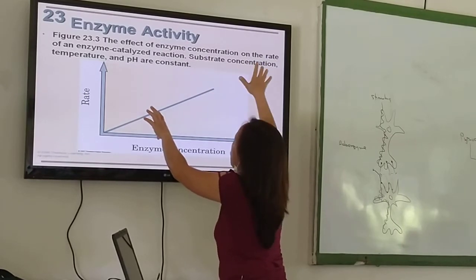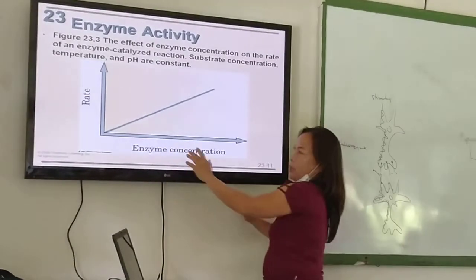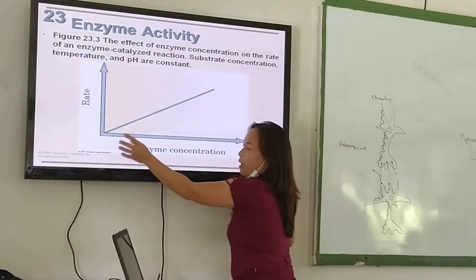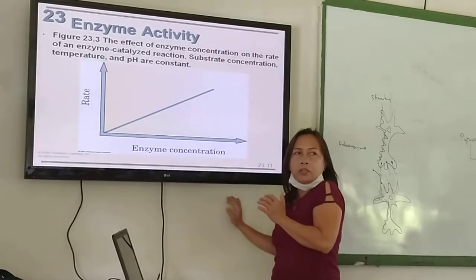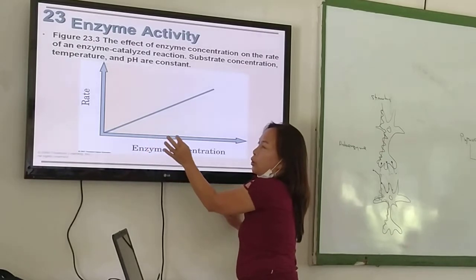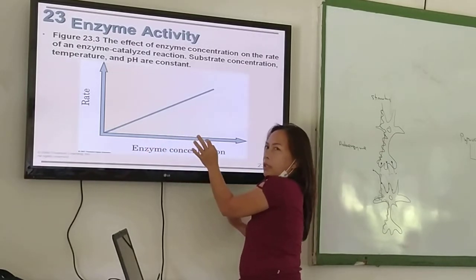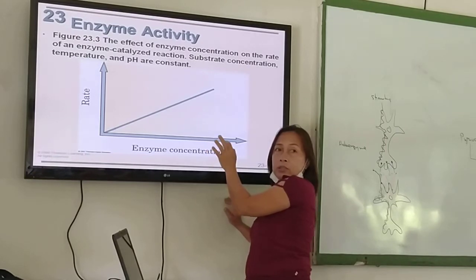No? Substrate concentration, constant po. Except for enzyme concentration. Now, how does it affect the rate of chemical reaction kaning enzyme concentration? When you increase the enzyme concentration, you are also increasing the rate of chemical reaction.